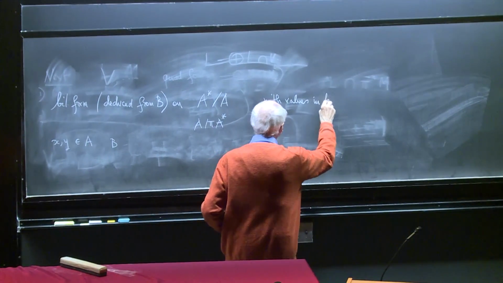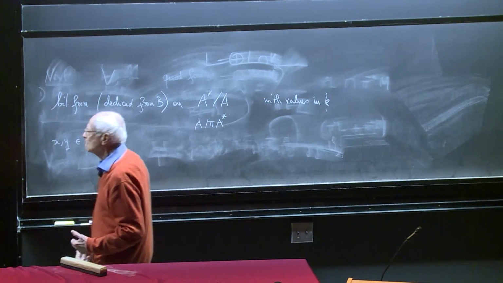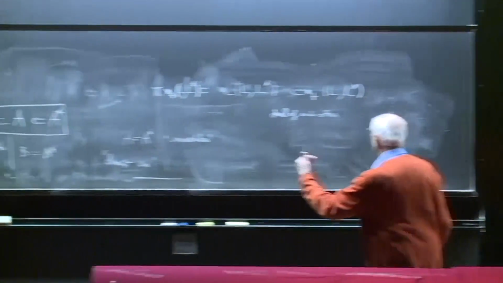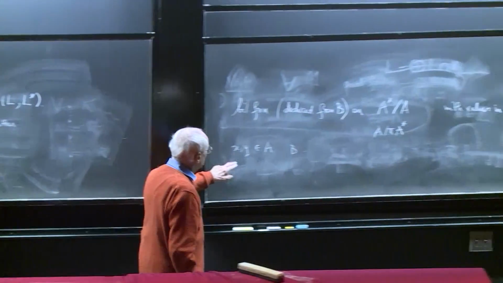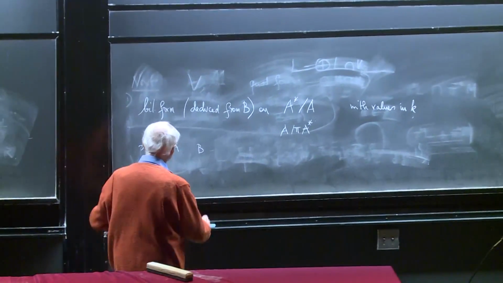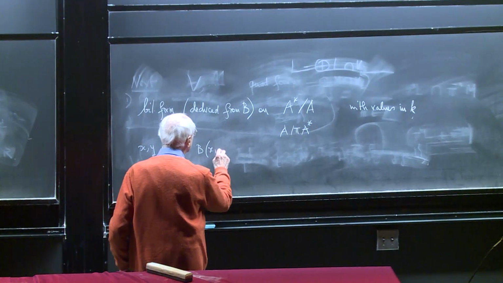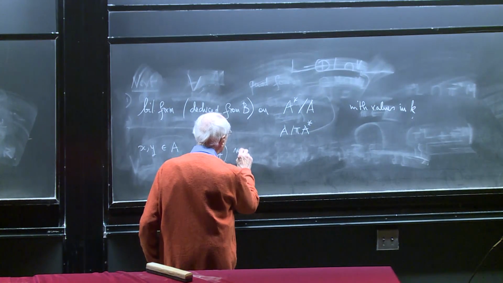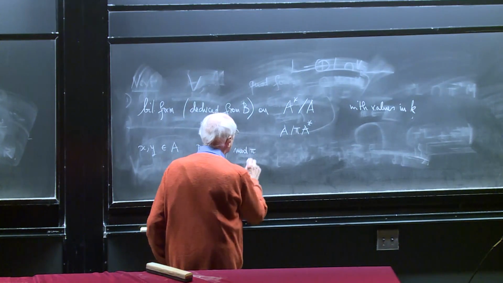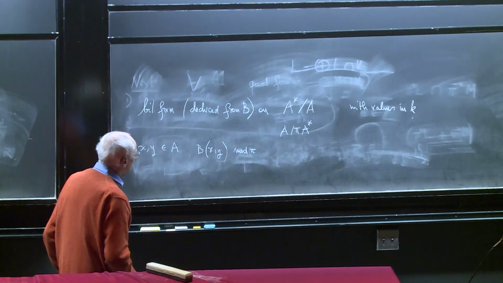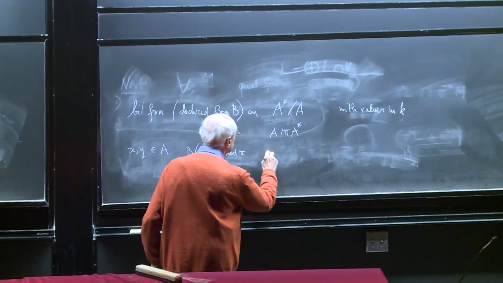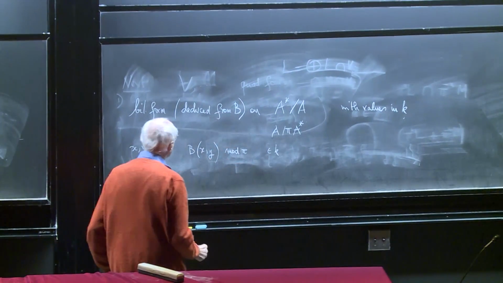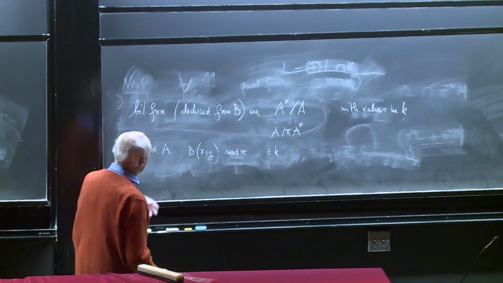We are working now in the residue field, and we want things over the residue field. If you take x and y in A, if you take B of xy, and then you reduce it mod pi, you find something which is in k, because A is in A star.